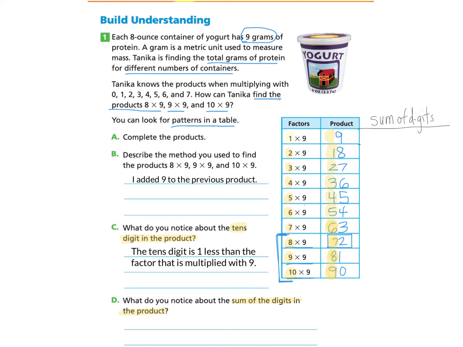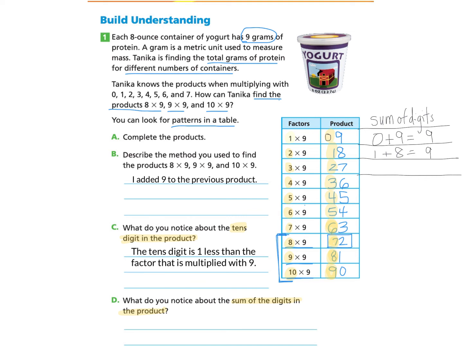So when I take a look at the sum of the digits, I notice, pretend like there's a 0 here because there's nothing in front of it. 0 plus 9 equals 9. Okay, let's take a look at the sum of the digits for the product of 2 times 9. We have 1 plus 8, and 1 plus 8 makes 9.